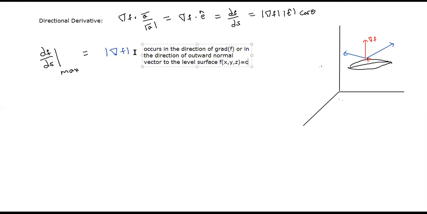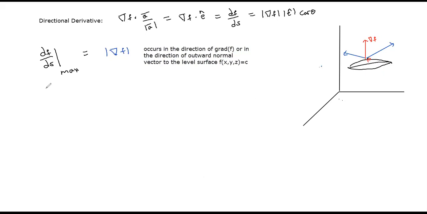Do you agree? Del f is always representing the outward normal vector. What is the outward normal vector? Which is going away from the surface. Which is coming into the surface is called the inward normal vector. Which is going away from the surface is called the outward normal vector.